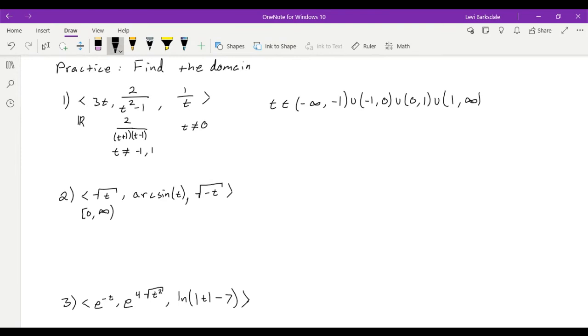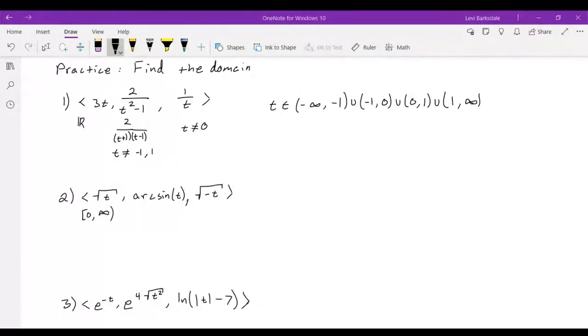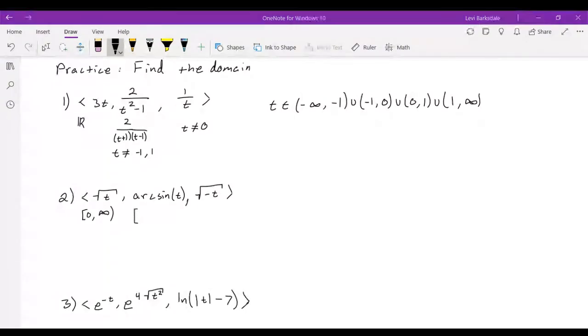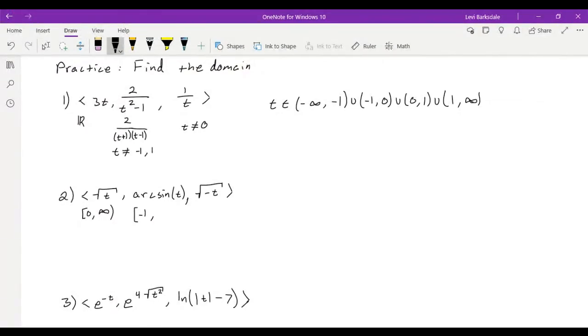I'll just double check that really quick. Right, actually the domain is -1 to +1. So good thing I double checked. And that would be inclusive. So it takes values from -1 up to +1.